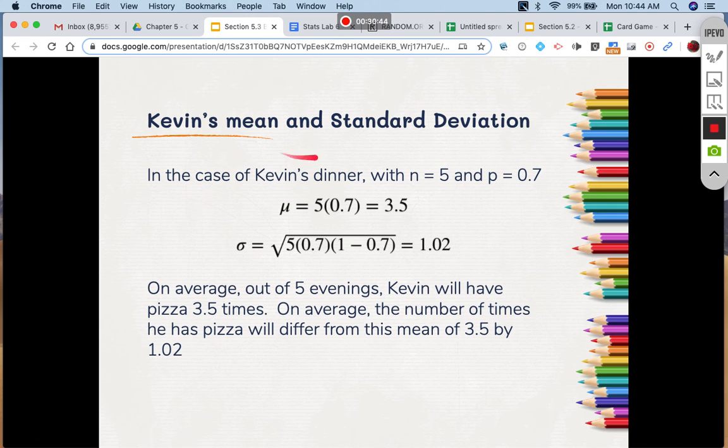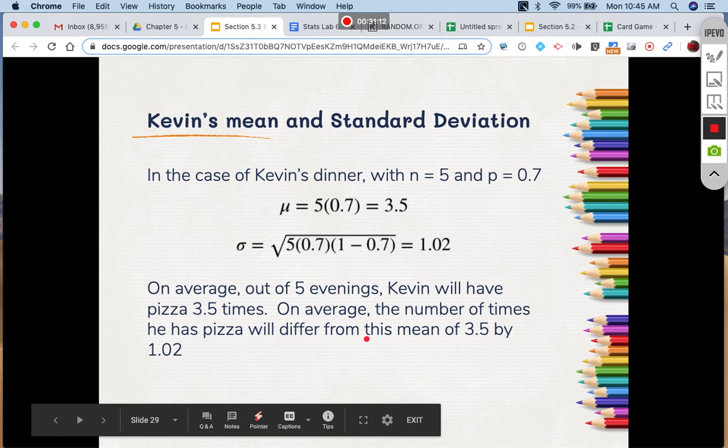If you do that with Kevin's dinner with n of 5 and p of 0.7, we get 5 times 0.7 is 3.5. 5 times 0.7 times 0.3, square root of that, is 1.02. That's just what we did doing all that hard work. Binomial distributions are much nicer. On average, out of 5 evenings, Kevin will have had pizza 3.5 times. The number of times he has pizza will differ from this mean by about 1.02. That's that standard deviation.